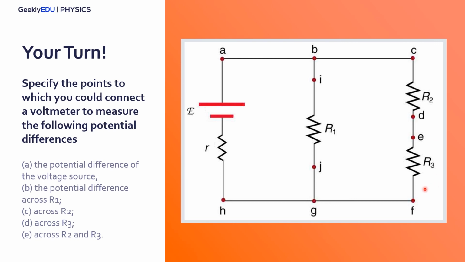So what are the points where you should connect your voltmeter to have these measurements? For this case, you can connect the voltmeter in different places to get the same result. But think about it and comment your answers in the comment section.